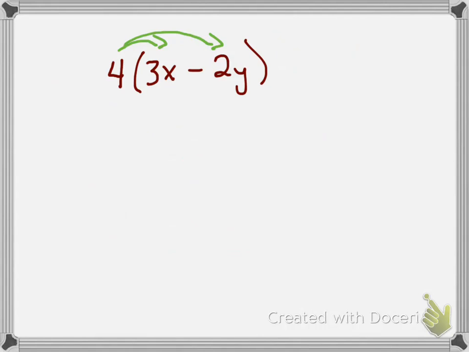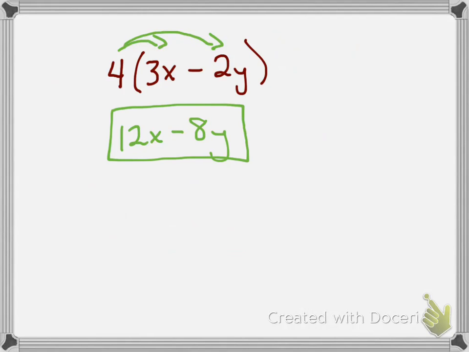So if I distribute this, hopefully you have already come up with an answer in your head of what it's going to be. I'm going to get 4 times 3, which would be, hopefully you said 12x, and then minus 2y, which I'm hoping you said 8y. There's your answer.